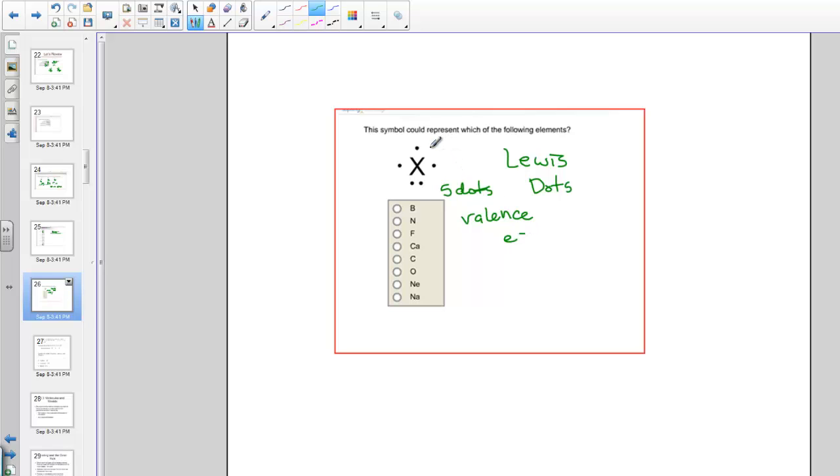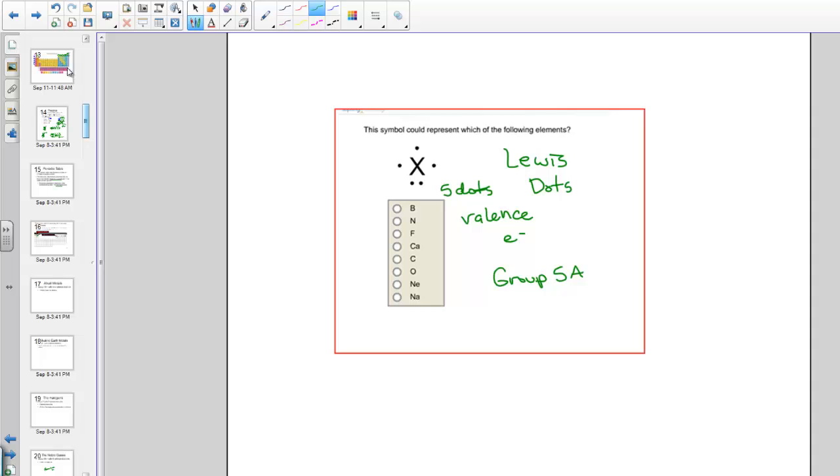If I want to know what element could possibly be represented with this symbol, the 5 dots representing the 5 valence electrons, this question is really just asking me who lives in group 5A. Of all the list here, can you find an element that lives in group 5A? Remember where that is on our periodic table?